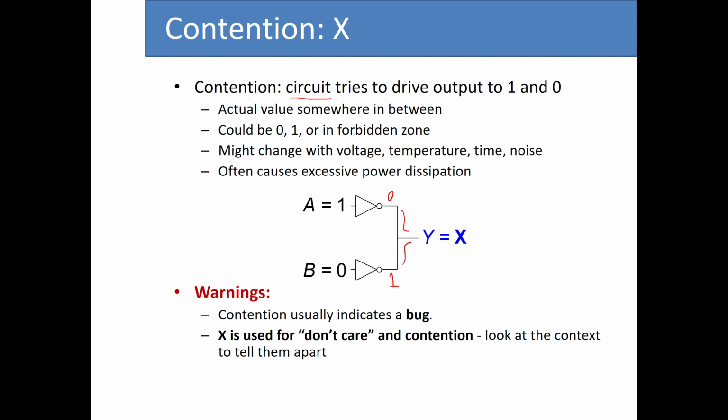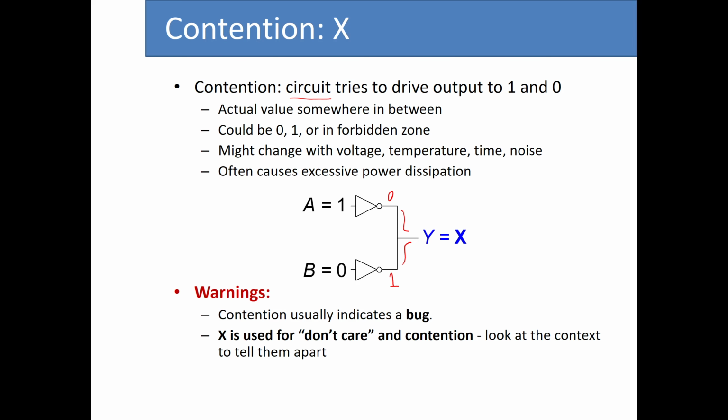There are cases where you have contentions in your circuit or in the final implementation that you didn't intend for, as a result of a bug in the code or the implementation.